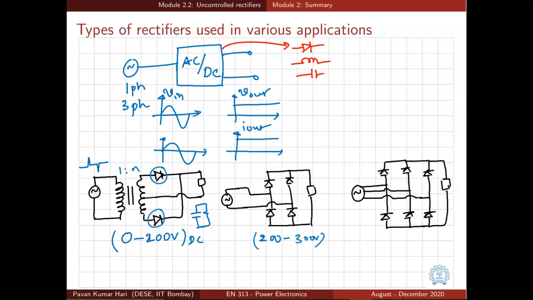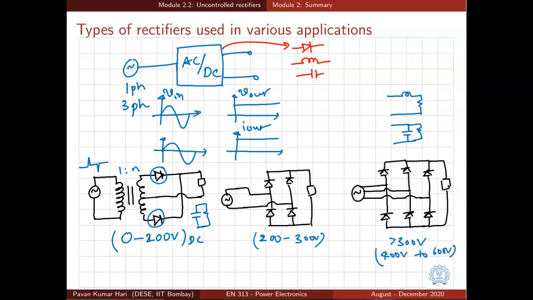Once the voltage desirable is greater than 300 volts, and in fact about 400 to 600 volts in that range, one needs to go for a 3-phase rectifier, because that is not possible to achieve with a single phase supply.